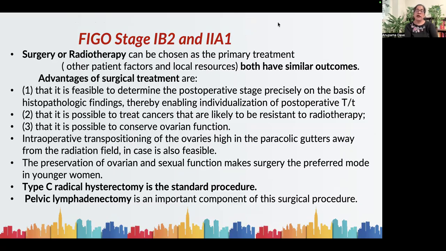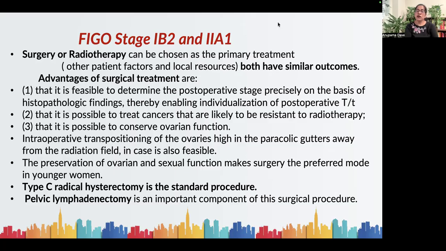If you look at the advantages of surgical treatment, it is feasible to determine the postoperative stage precisely on the basis of histopathological findings, thereby enabling individualization of postoperative treatment. With surgery, it is possible to treat cancers that are likely to be resistant to radiotherapy, and in these cases, it is always possible to conserve ovarian function.